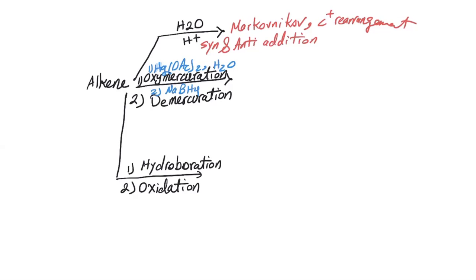Sometimes we call this reaction oxymercuration reduction, because in the second step NaBH4 will reduce the product. In oxymercuration, demercuration, the product is Markovnikov.